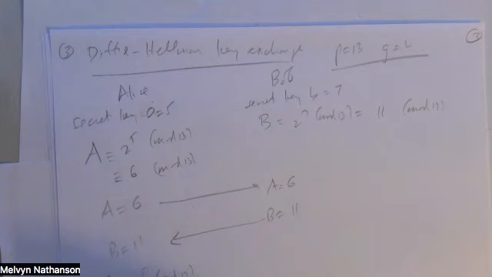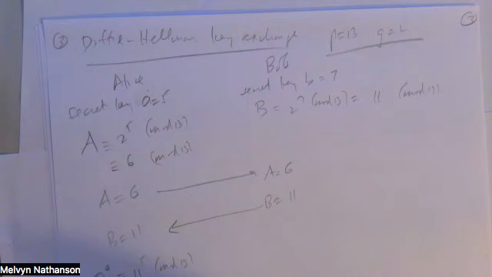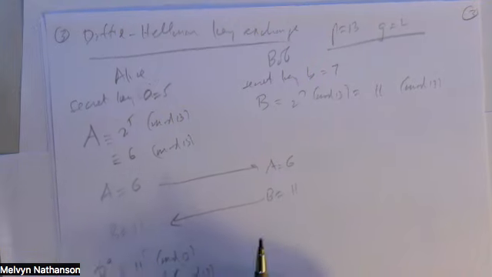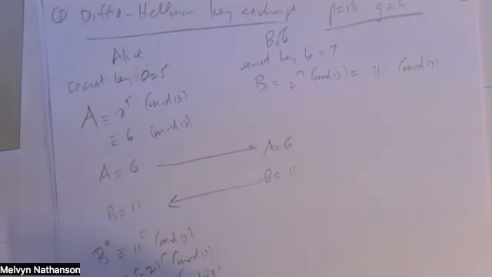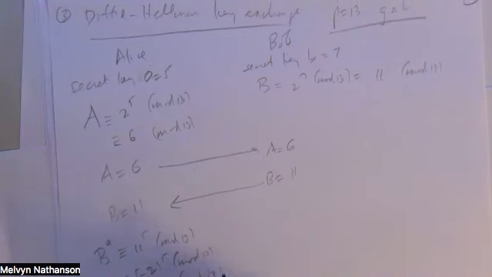You start multiplying 11 by 11 by 11, reducing it mod 13. Or you can use the fact that 11 is the same as minus 2 mod 13. So this is like minus 2 to the 5th mod 13, which is like minus 32 mod 13. And minus 32 is the same as 7 mod 13. So Alice ends up with the number 7.